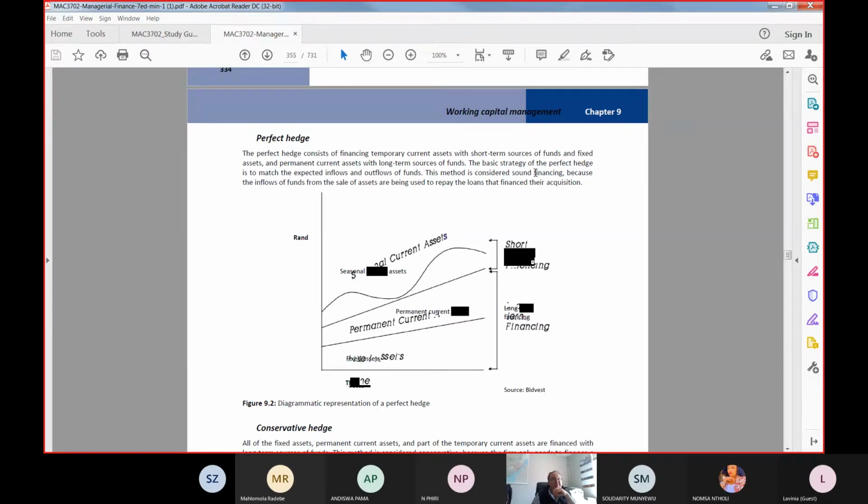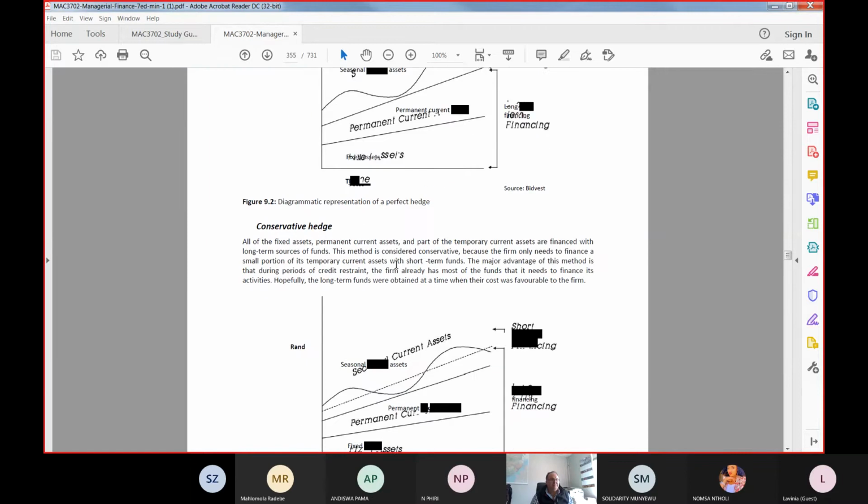This method is considered sound financing because the inflow of funds from sales is used to repay the loans financing the acquisition. So the more assets you're buying on financing gets repaid, and it never takes out from your permanent current asset, but it is riskier.